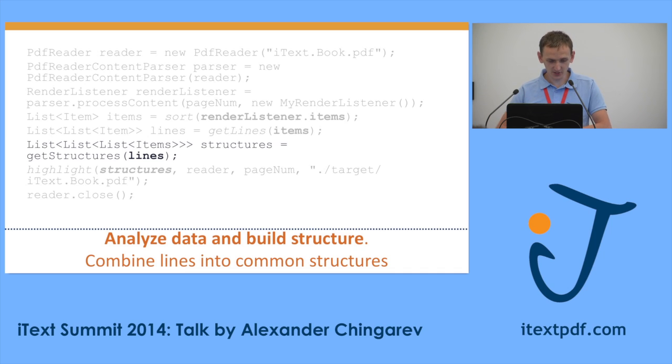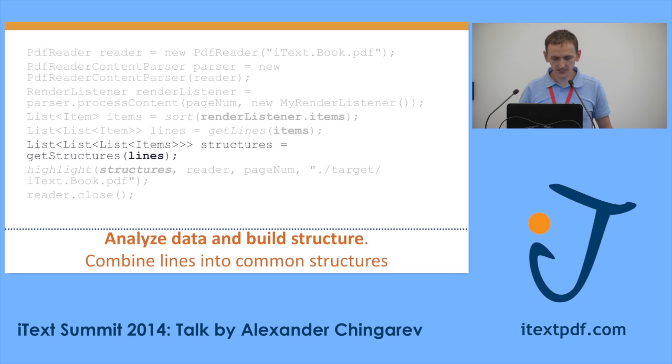This is a getStructures call, which is also my own method, and it does a lot of interesting logic, but again, to make the presentation compact, I'm not going to provide the listing here. The method analyzes adjacent lines, and after this analysis, it makes a decision if adjacent lines belong to the same paragraph or not.